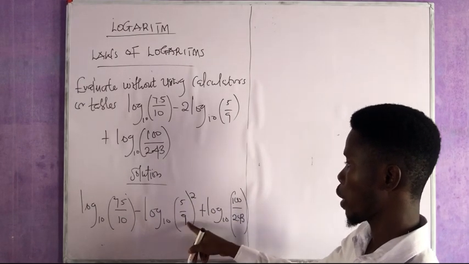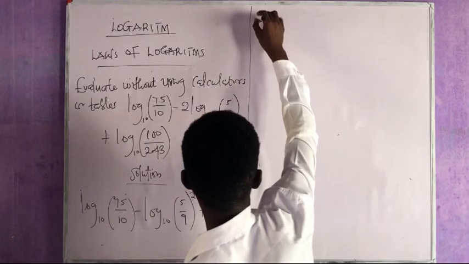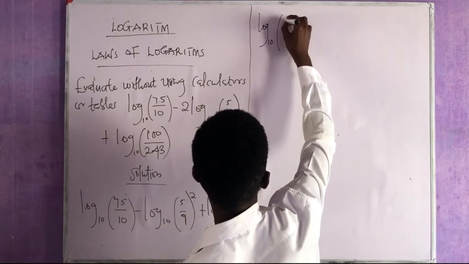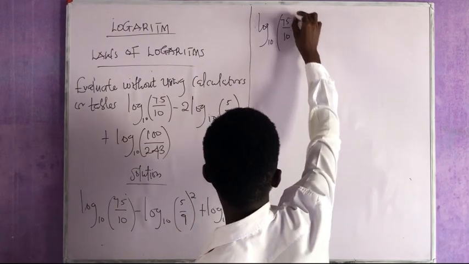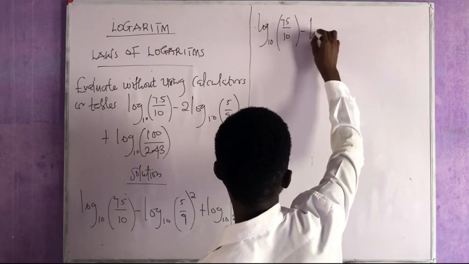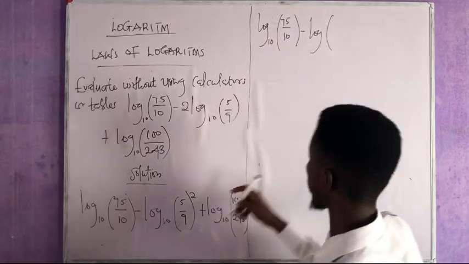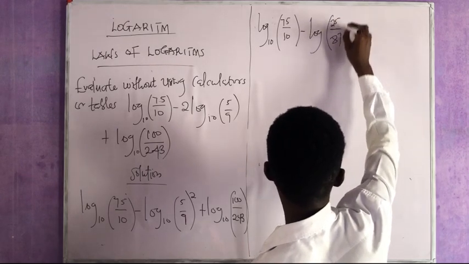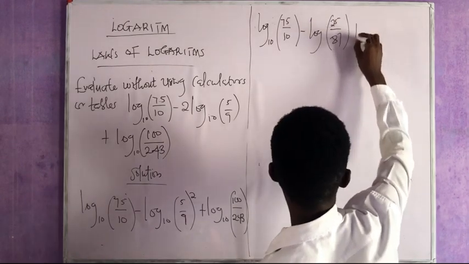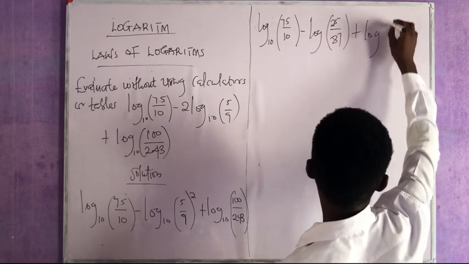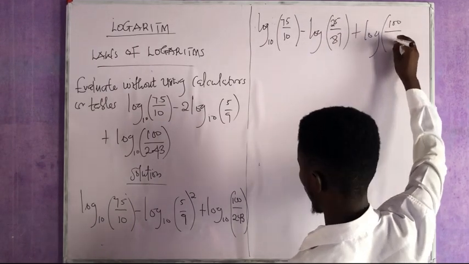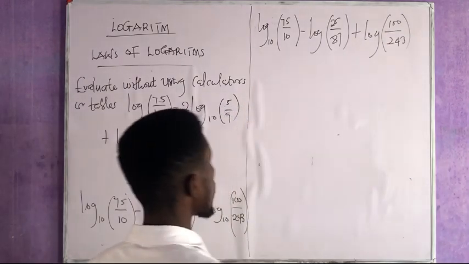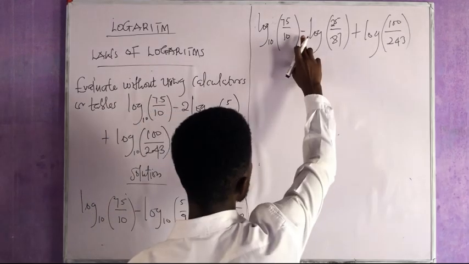So it will be 5 squared, 9 squared. So I have my log 75 over 10 minus log, 5 squared is 25 over 81, plus log 100 over 243. Now at this point, this is subtracting.